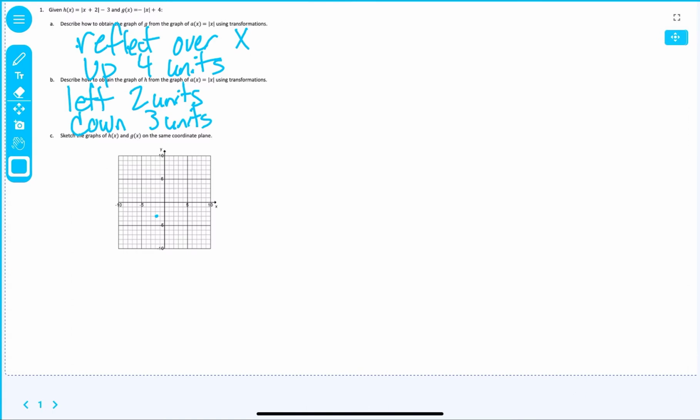So plug it in and we get negative 1. Now, since we know the vertex is going to be negative 2, let's just say negative 5. If we plug in negative 5, we get what? We get 0, right? So at negative 5, 0, we have another point. All right, so now we can just graph those.